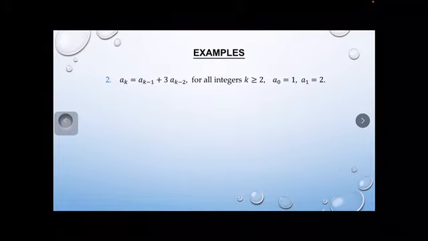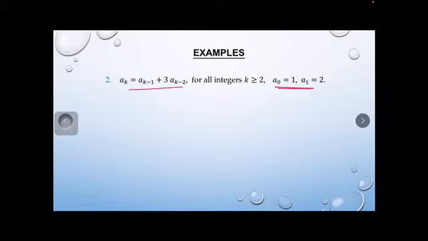Another example: here also we need to find 4 terms of this recurrence relation, that is a_k = a_{k-1} + 3a_{k-2}, and here 2 initial conditions are given. Why are 2 initial conditions given? Because here the kth term depends on the (k-1)th and (k-2)th terms, the first 2 previous terms.